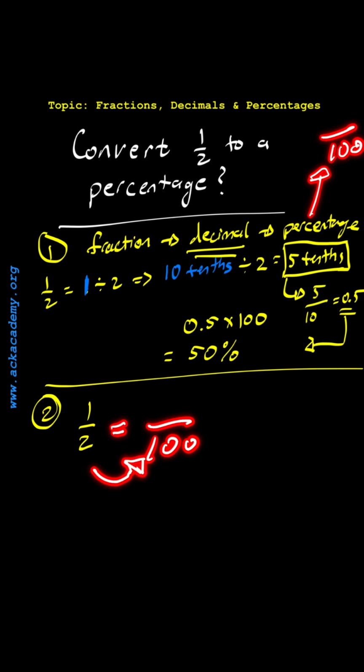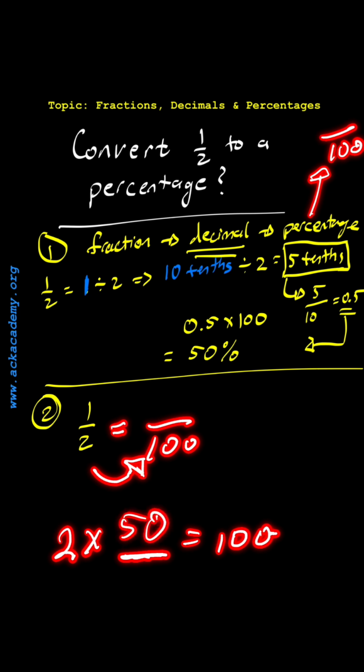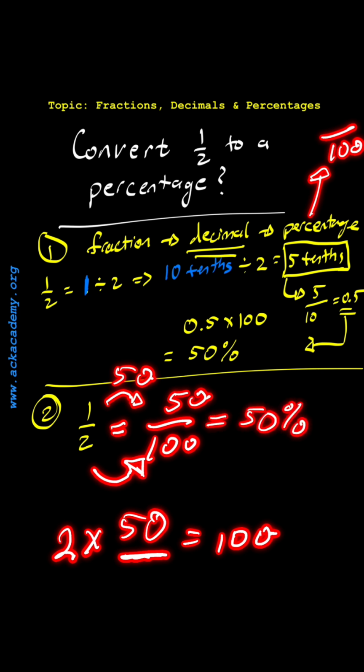Ask yourself, does 2 times some number get me to 100? 2 times what mystery number will get me to 100? 2 times 50. And that way, I can put 50 up here. And then you directly get 50 over 100, which is just 50%.